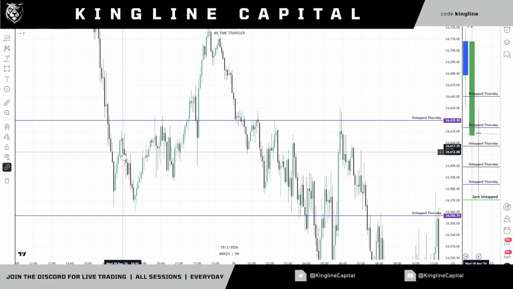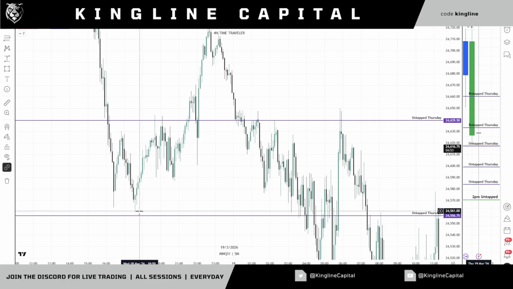I go short. I'm targeting the untapped Thursday. Once I see that it runs this low and fails to go short, I'm sorry, initially I was going long. Stopped out, immediately reverse short. Now I watch price action after it runs this low. Green candle rejects and gets super close. I'm out of my short.